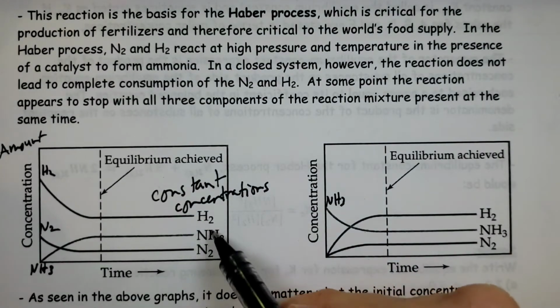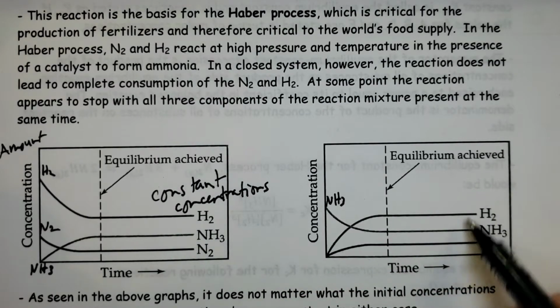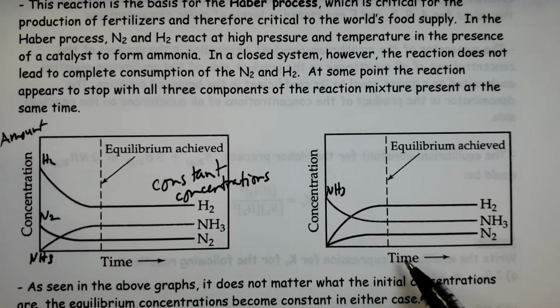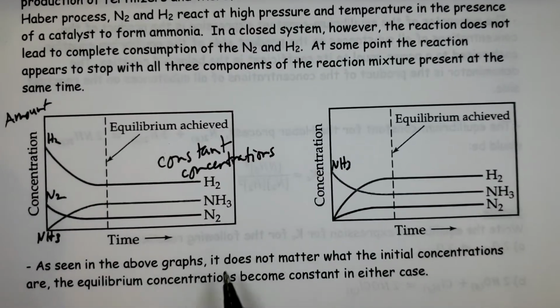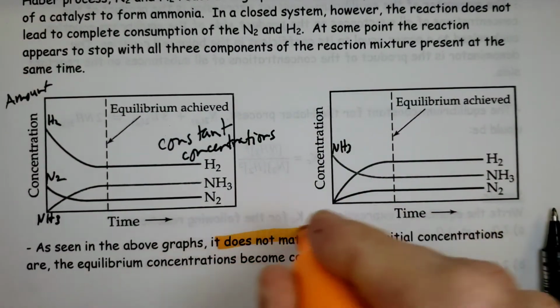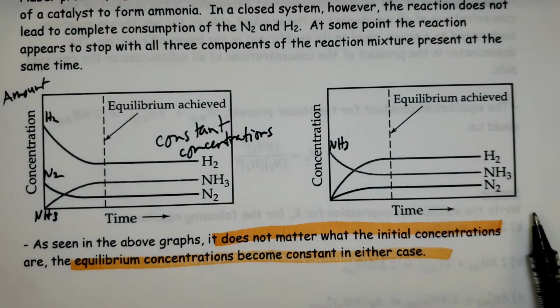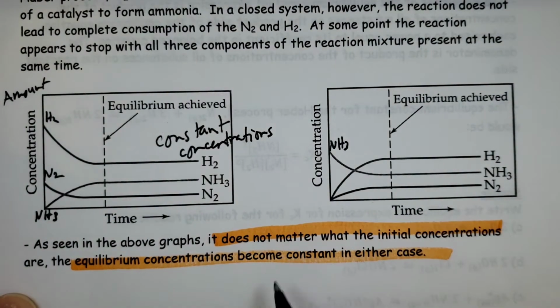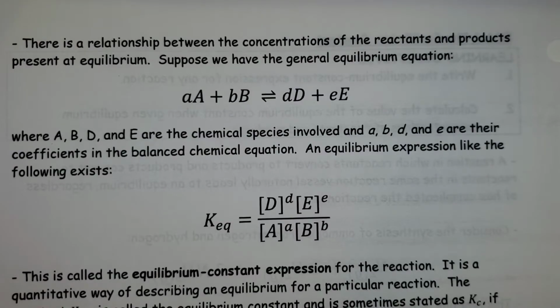Now look at this, H2, NH3, N2. It doesn't seem to matter what you start off with because you have the same results. See in the above graphs, it does not matter initially what you have because the equilibrium concentrations become constant no matter what. And the concentrations look very similar relative to each other.